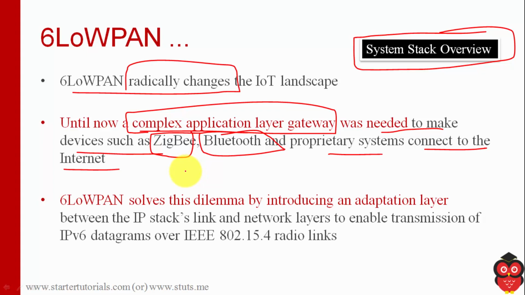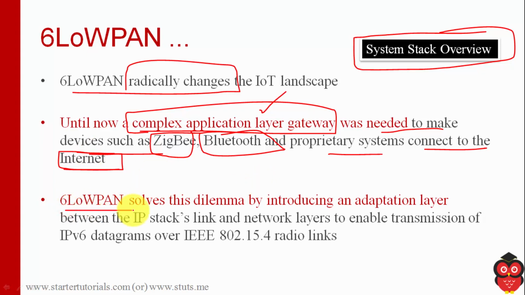For example, if I am using a Zigbee device, I have to use an application layer gateway to connect it to the internet. If I don't use any application layer gateway, then Zigbee cannot communicate with the internet, send data to it, or receive data from it.